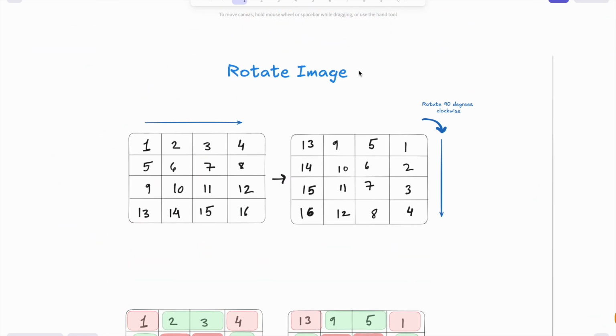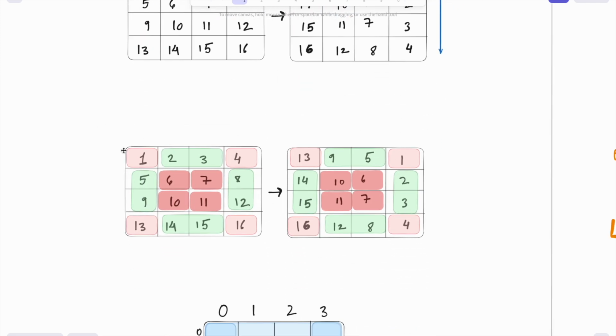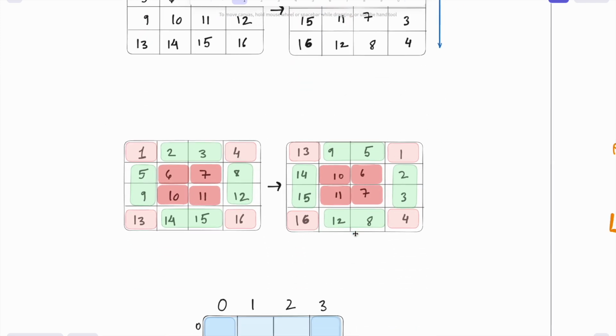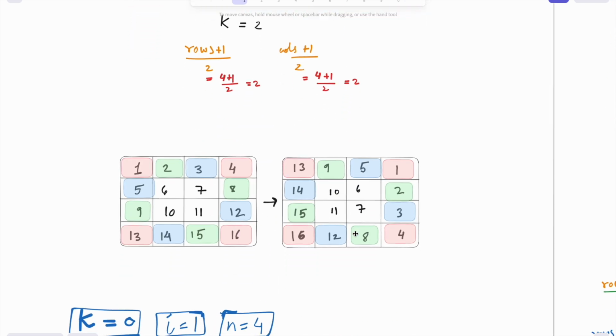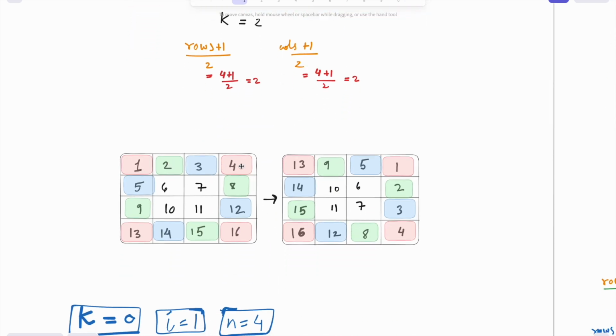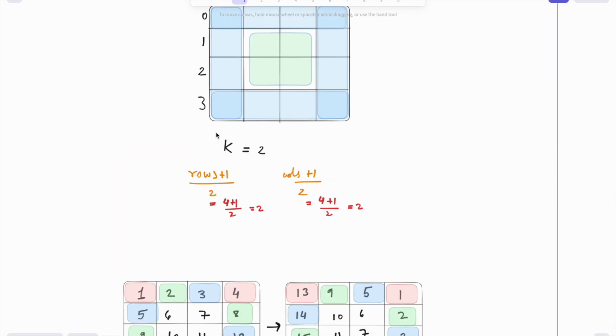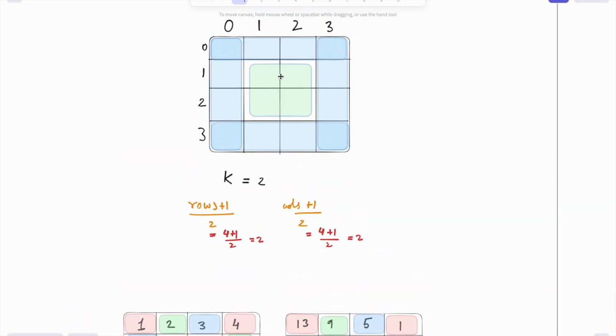We first had this problem where we had to rotate this image, so we realized that there were some cycles going on over here. On further clarity, we understood that these were there for individual elements, and if we just did it for one row in one layer, then we were done with the whole layer's rotation, and we had to split our matrix into several layers.